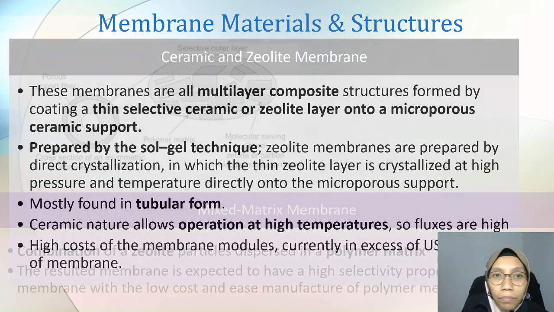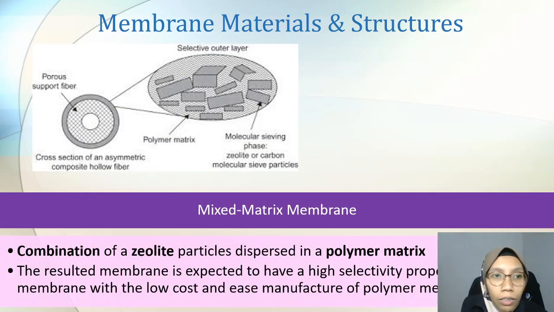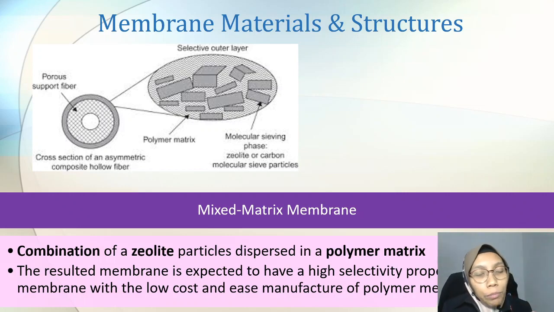And lastly we have mixed matrix membrane, and the definition of MMM is a combination of zeolite dispersed in a polymer matrix. As you know, polymer membranes have some problems in permeability and selectivity, and also cannot withstand high temperature, right?